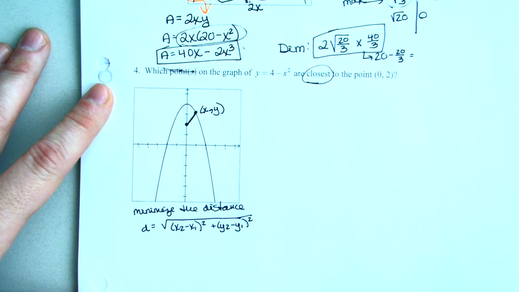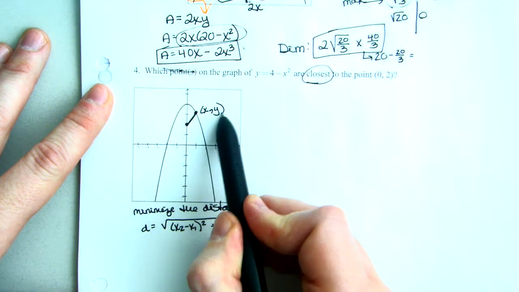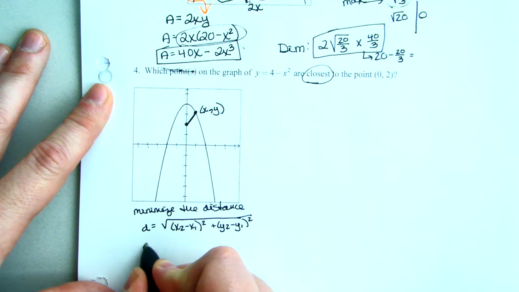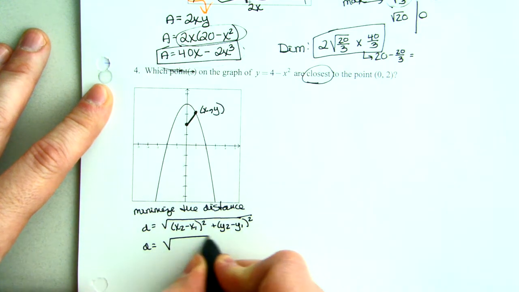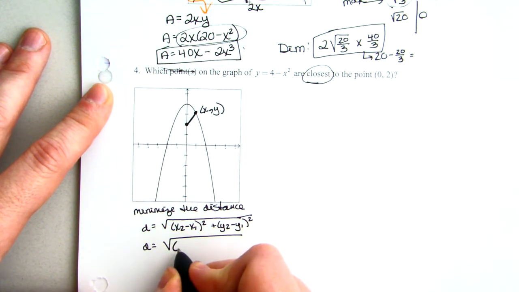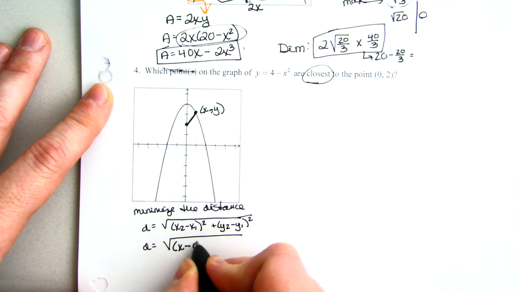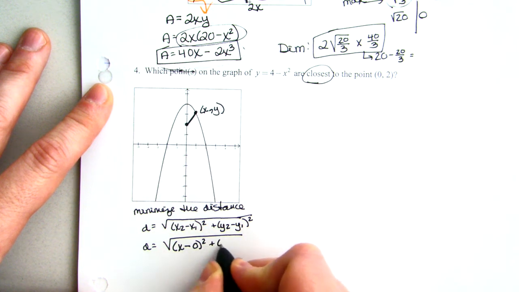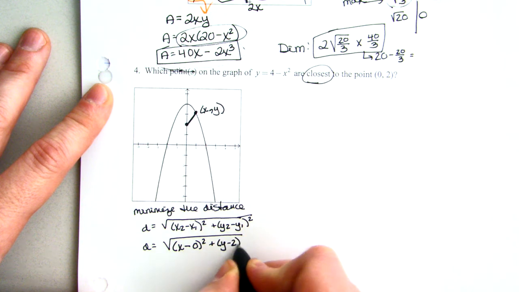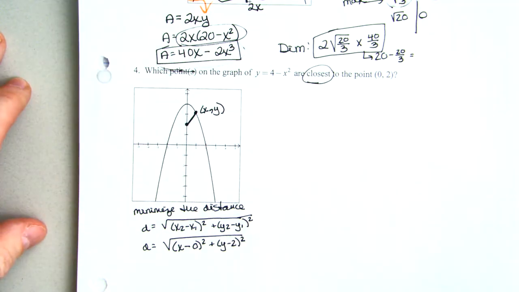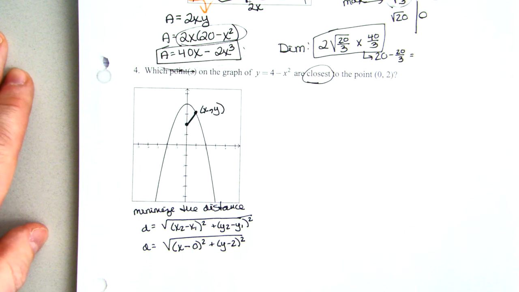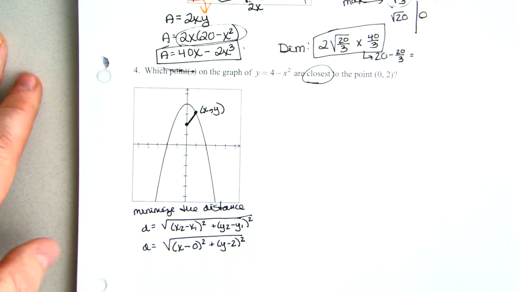I want to find the distance between x comma y and 0 comma 2. So that's going to look like d equals the square root of x minus 0 squared plus y minus 2 squared. And that's my primary equation.